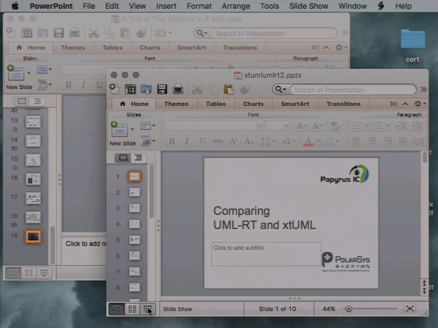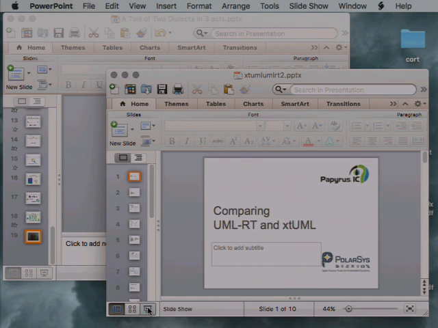There's another level called translated, where because of the abstract action language in the xtUML, the processing part of the model can be translated into C or Java or even hardware languages, but can also be interpreted.